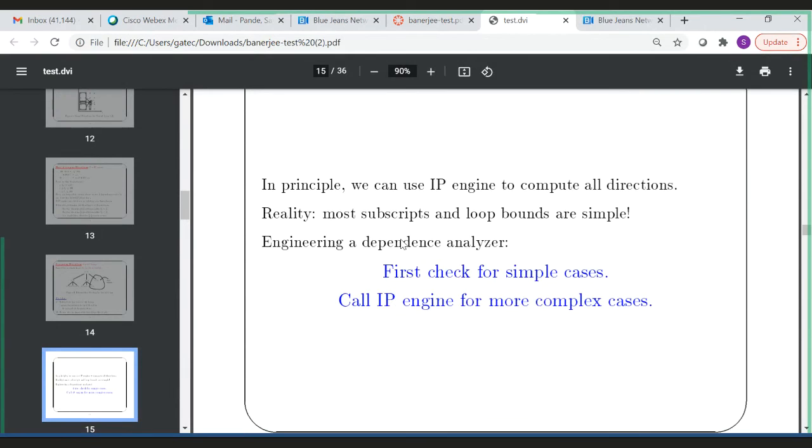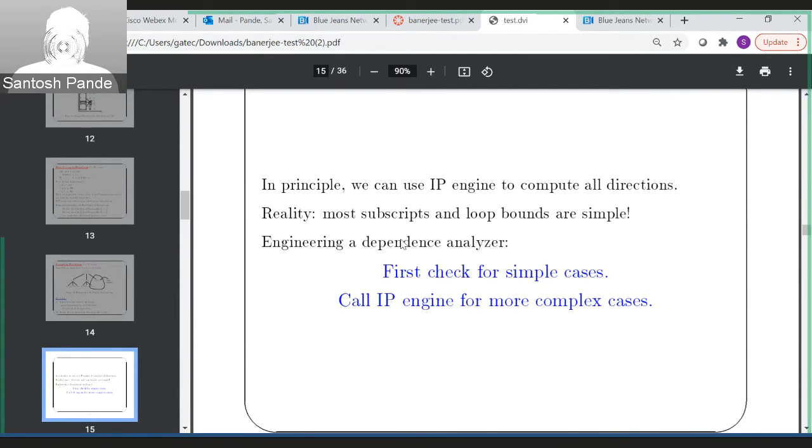So how do we actually carry out the dependence analysis itself? We will try to approximate this particular problem.